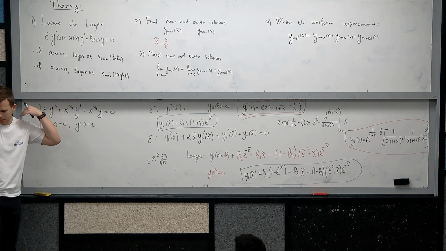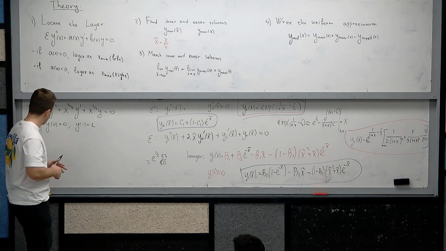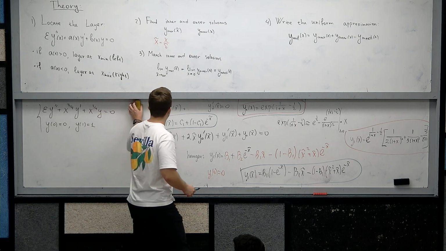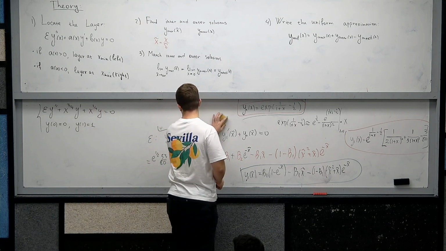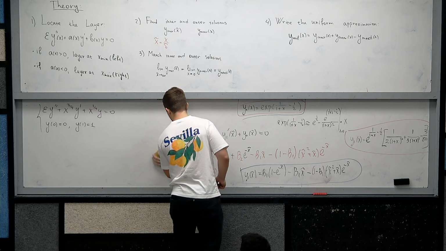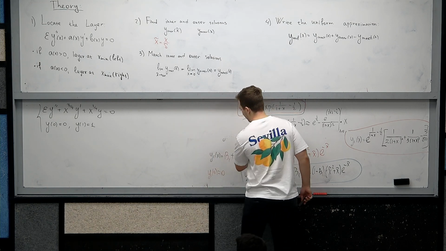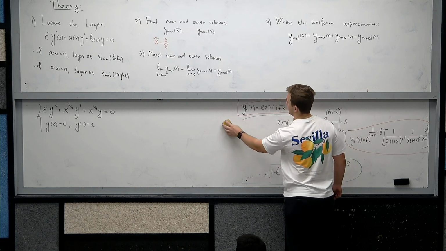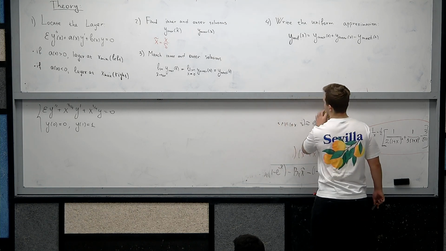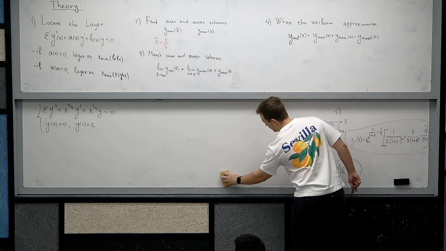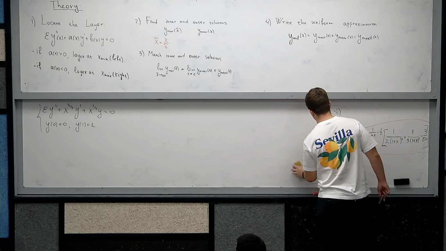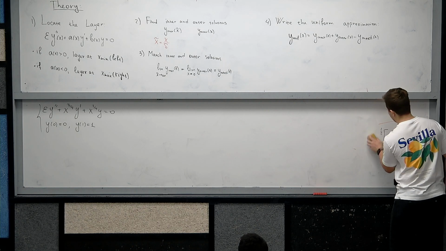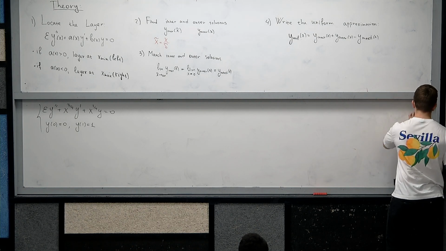In the previous examples, the coefficient before y prime was always positive, that's why we had this nice scaling for the inner variable, x tilde equal to x over epsilon. But now this will not work, and we will find the proper scaling.